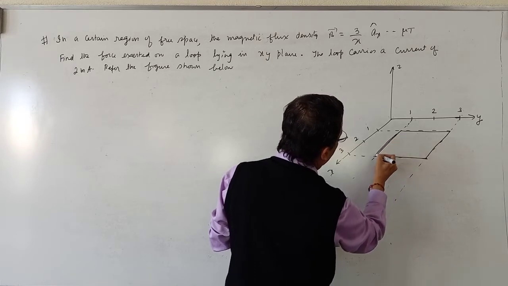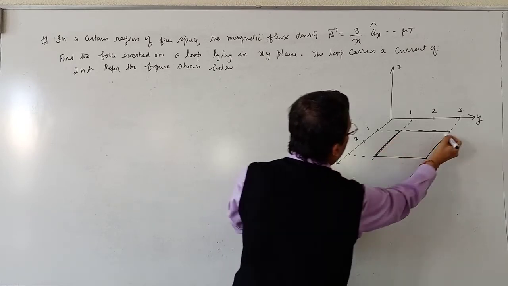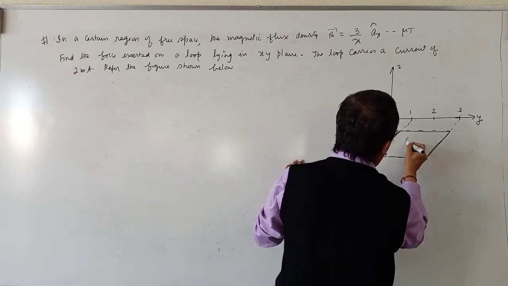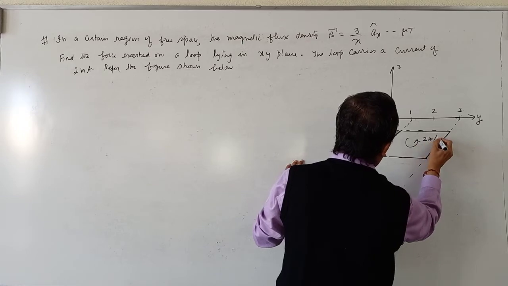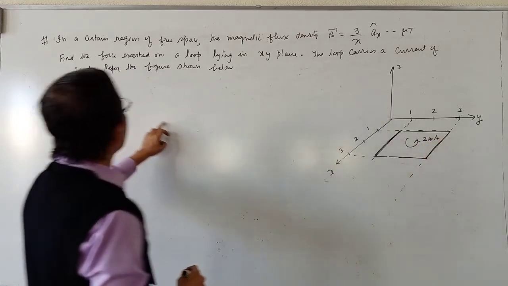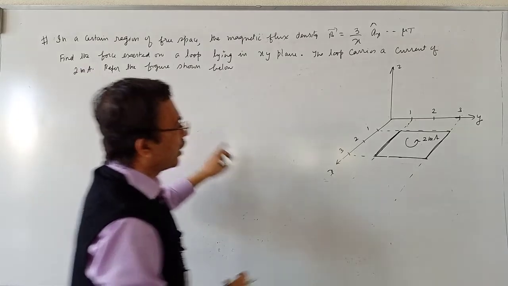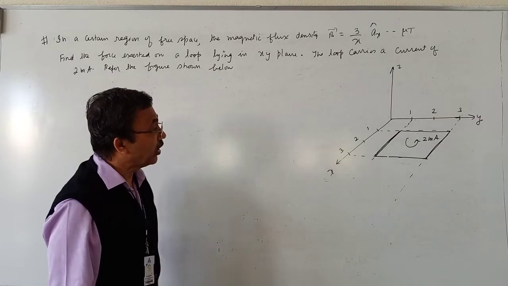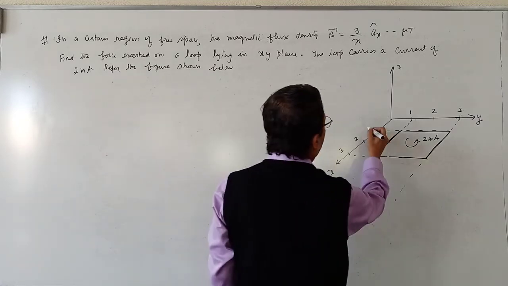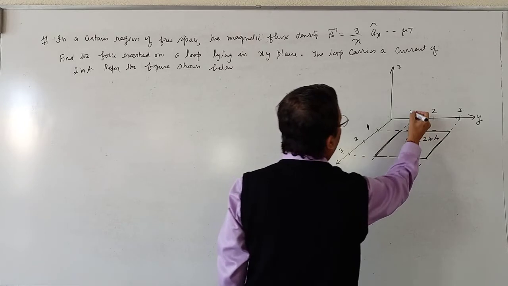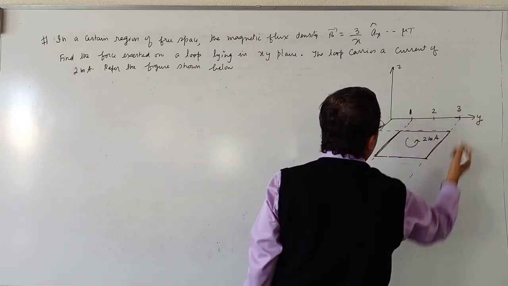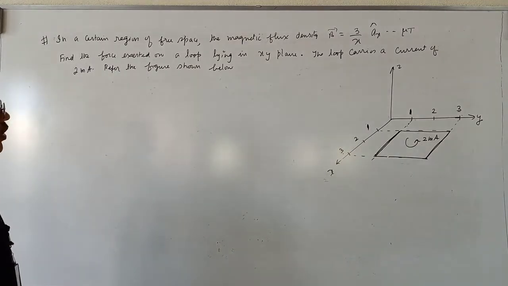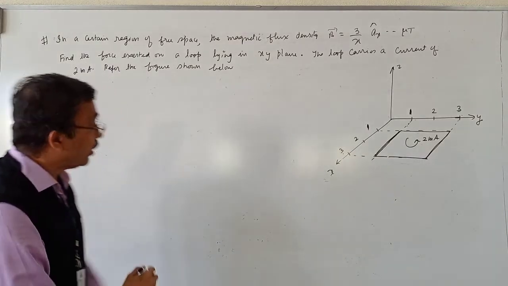This side is parallel to the x-axis, even this side is parallel to the x-axis. It carries a current of 2 milliamperes, and the current is flowing in the anti-clockwise direction. x varies from 1 to 3, y varies from 1 to 3. What is the expression for force exerted?